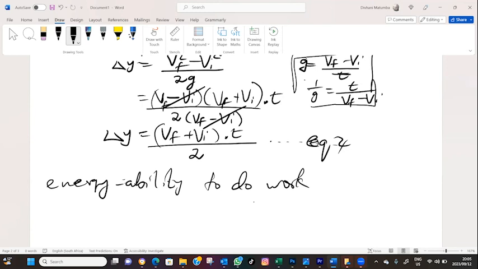Now, what is power? Power, which is given by P, is the rate of work done.